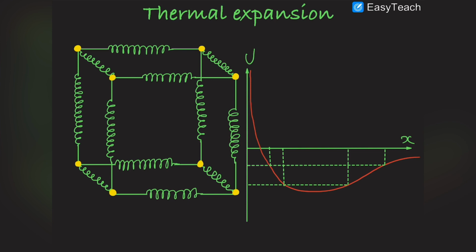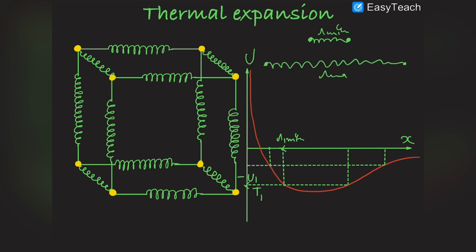Now let us discuss a certain temperature T1. This is the temperature T1. The potential energy of this pair of atoms is minus U1. And this is the minimum separation between them because they are vibrating. So there would be a time when they would be at minimum separation, R minimum, and a time when they would be at maximum separation from each other.